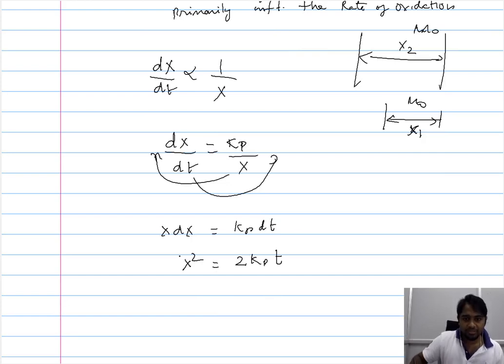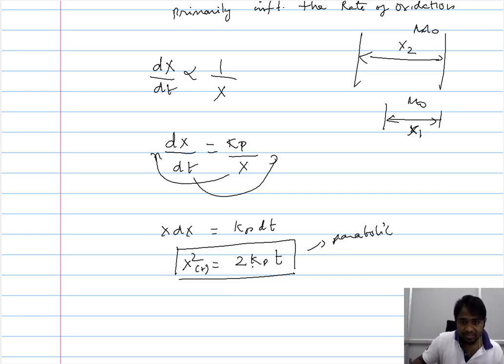So at a given time t, the thickness can be expressed in this manner. So what you have is a parabolic relation, since x is to the power of 2, and the relation between the thickness and time is expressed through the constant kp, where the p represents parabolic. This relation is a parabolic relation, so this whole oxidation rate is referred to as the parabolic oxidation rate.